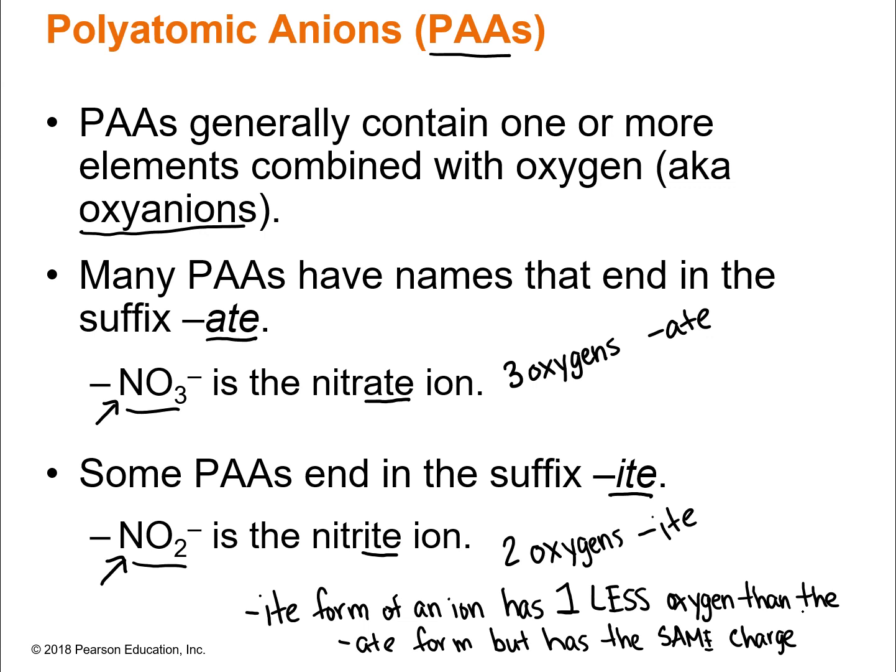So ATE has 1 more oxygen than the ITE. It's the other way to say it. But both of these ions have the same exact charge. In this case, it's just a 1 minus.